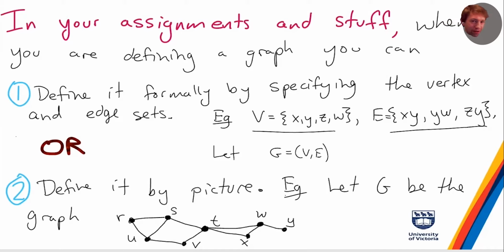First of all, it's easy to miss one of the edges you wanted and make a mistake that way. Also, it's hard for the marker to visualize what graph you're talking about. But like I said, it's perfectly okay to do that. For example, if you are typing your assignment, you might find it easier to just write it out rather than inserting a picture. But I would encourage you to draw pictures if you can, though it's not mandatory.